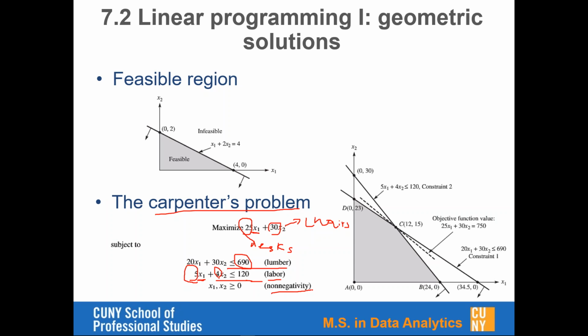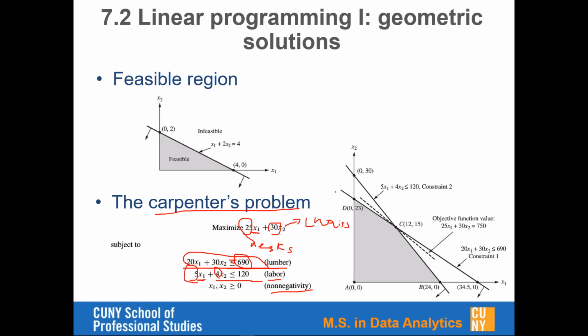this is something we call Carpenter's problem. Okay, and once we have this, the next question is, how can we represent this graphically? Graphically, you can see that for this equation, it's really a line. If we set them to equality, we know that is a line in two-dimensional space, right?